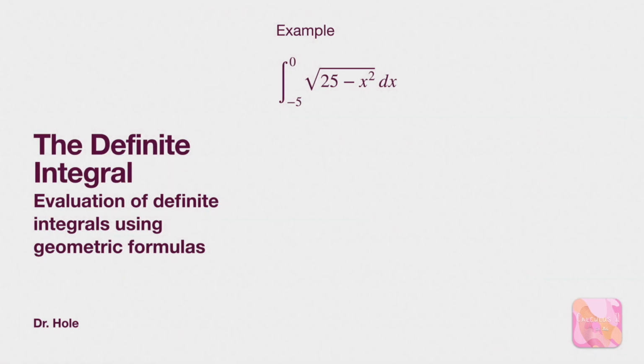Okay, so here's an example. We have a definite integral, the elongated s, lower bound a equaling -5, upper bound b equaling 0, integrand as a radical function, and the variable of integration, x. Good. Let's focus on the integrand.